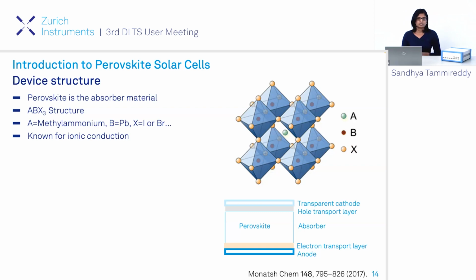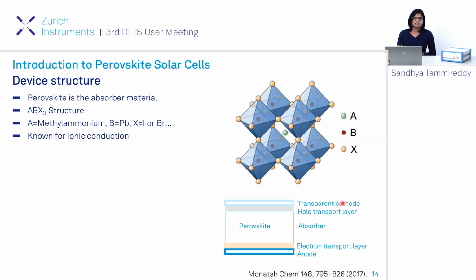It absorbs light very well and generates charge carriers very efficiently. Not only that, the charge carriers in the perovskite absorber are long-lived, meaning they don't recombine as fast as in other materials, leading to a better efficiency at the end of the day.